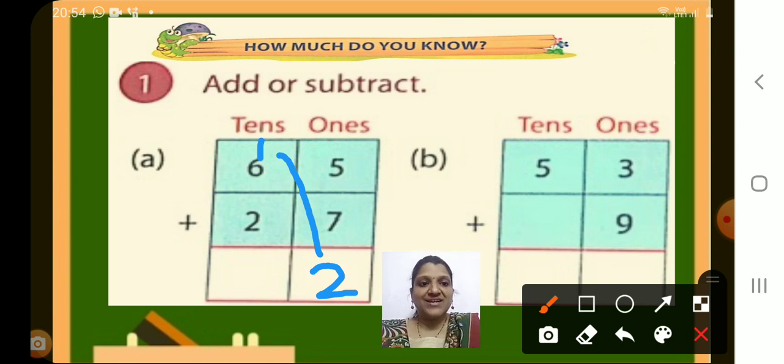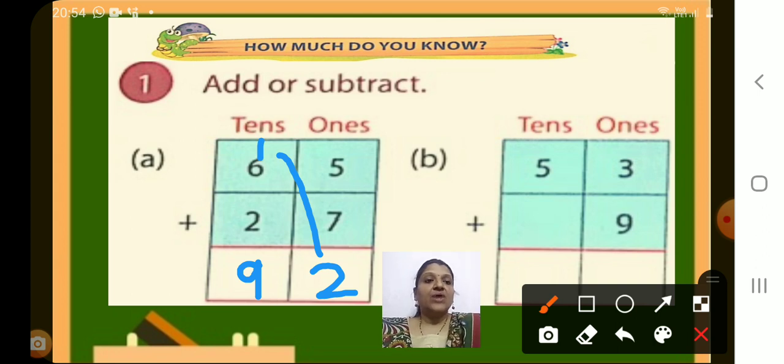Do you remember, children? Yes. Now what is the next step? We have to do the addition of all three numbers at the tens place, including the carried over number. So 1 plus 6 equals 7. 7 plus 2 equals 9. So 9 is the answer.